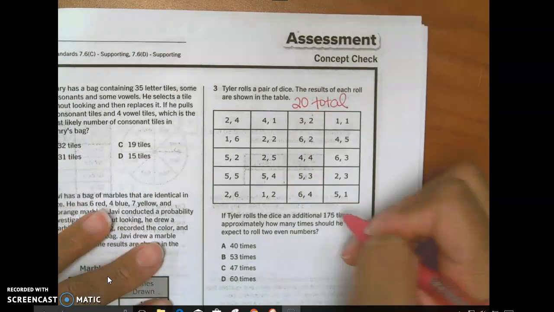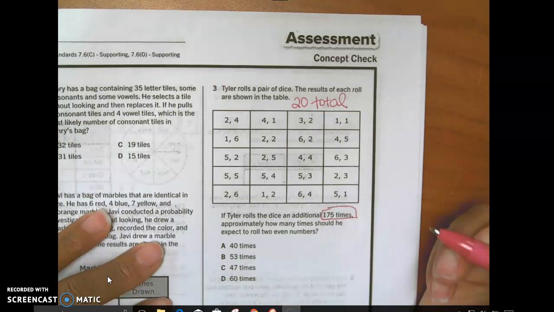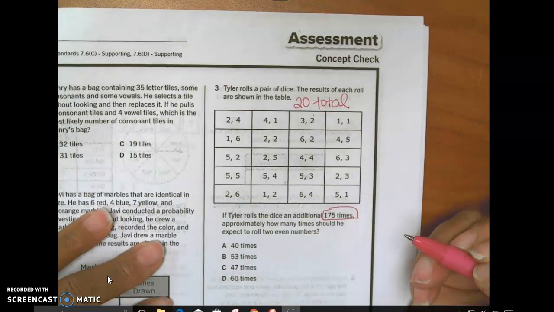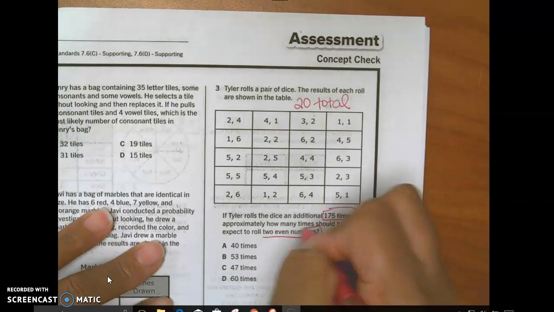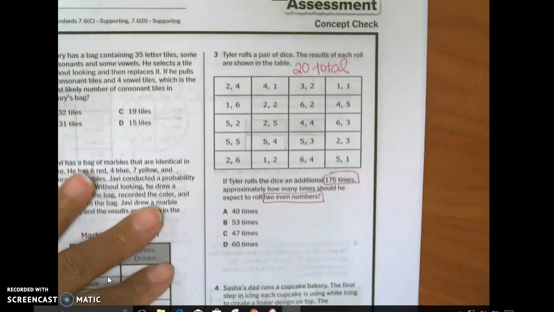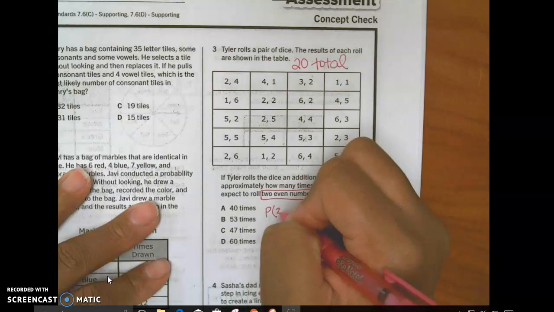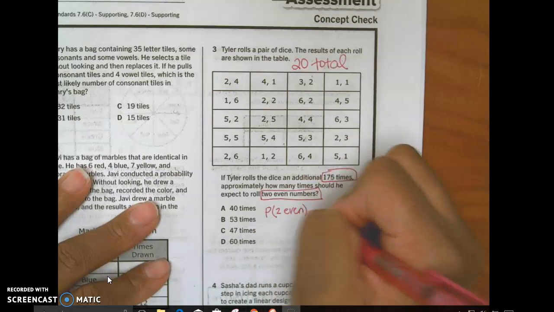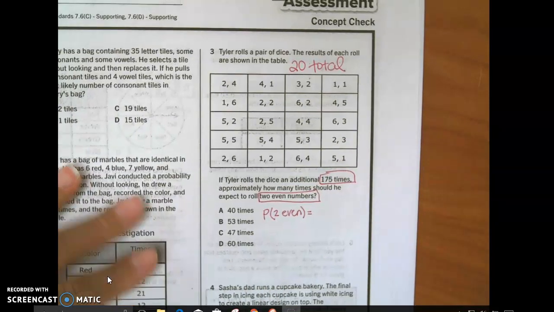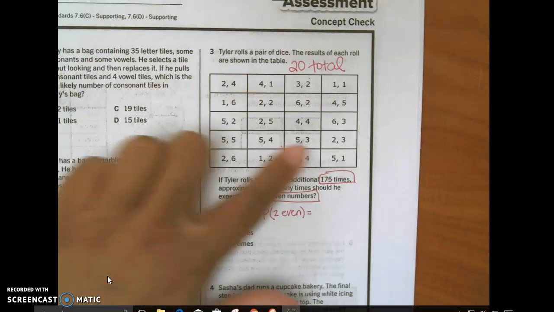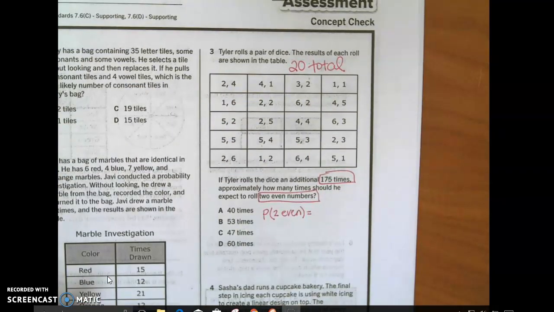All right, now if he rolls an additional 175 times, approximately how many times should he expect to roll 2 even numbers? So what do I need to look for? The probability of getting 2 even numbers. How many times do 2 even numbers show up in here? 6.